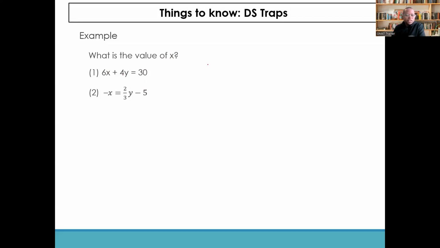So here we have 6x plus 4y equals 30. That's a simple one. If you simplify that, divide all through by 2, we'll have 3x plus 2y equals 15.